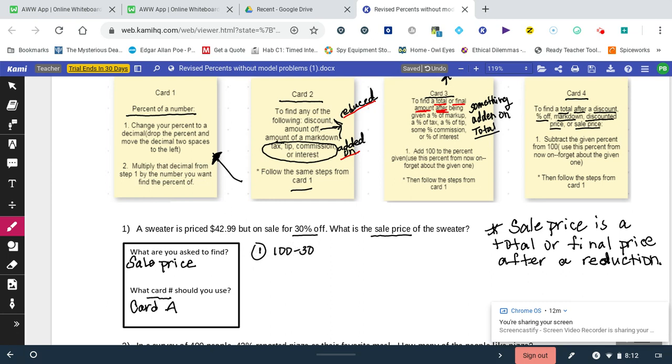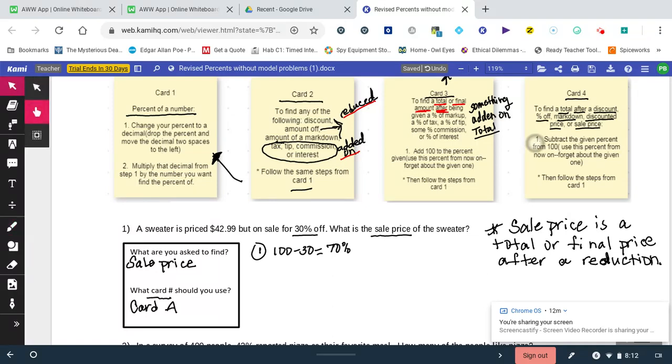And the reason why you're doing that is because if you want the sale price, it's not going to sell for the full 100%. If they're taking 30% off, then it's going to sell for 30% less than the full price. The full price would be represented by 100%. So 30% less would be 70%.